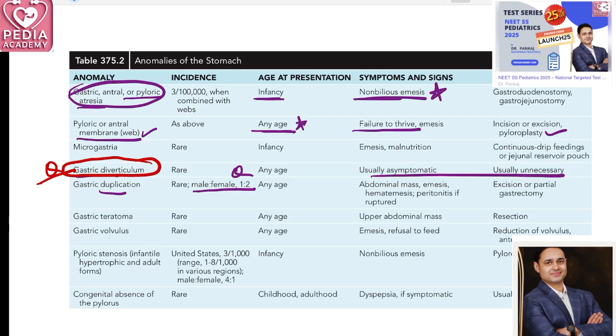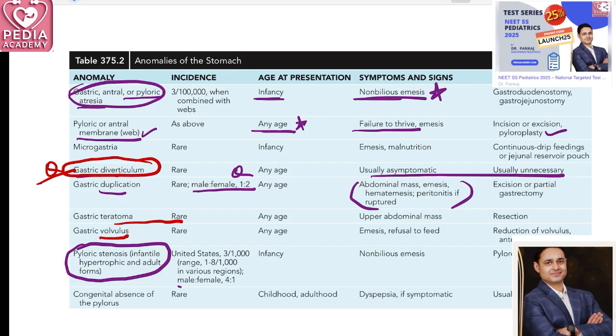Abdominal mass, hematemesis, peritonitis if ruptured. Gastric teratoma is rare, with an upper abdominal mass. Gastric volvulus is there. Two things are there: pyloric stenosis, this is infantile hypertrophic pyloric stenosis, and an adult form also exists, just remember.